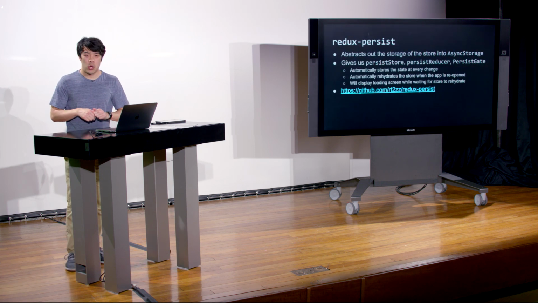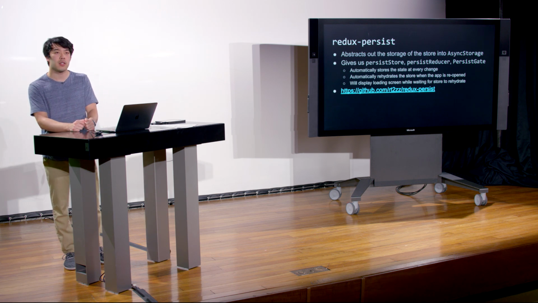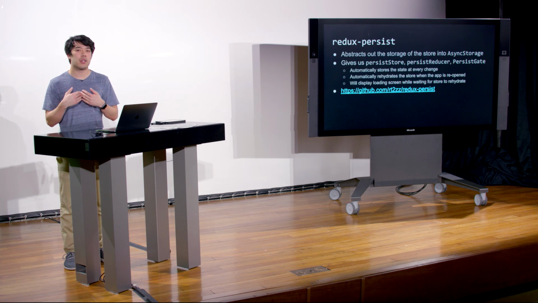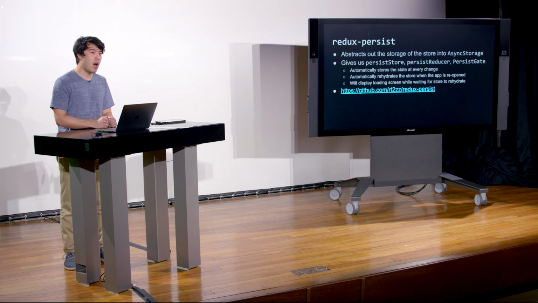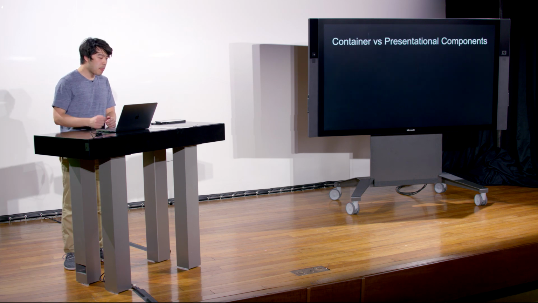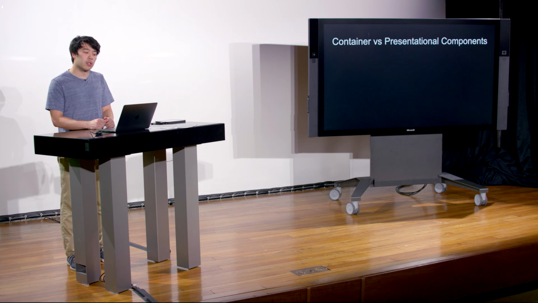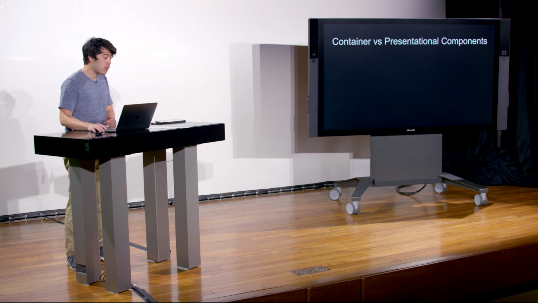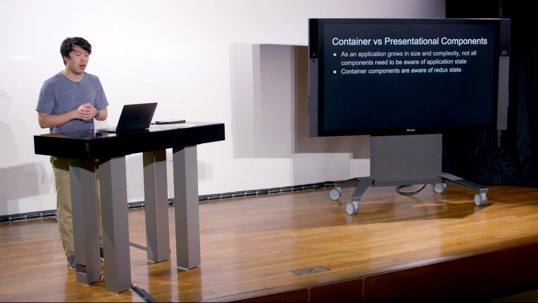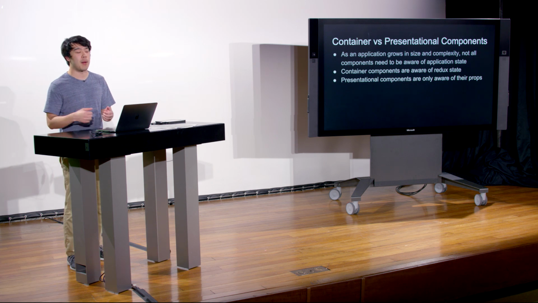So now we have a few components that are listening to our application state via this connect. And we also have a bunch of components that are just receiving props and displaying them. And so how can we go ahead and determine when to use which? The actual terms behind these components are container and presentational, where containers are aware of the Redux state, whereas the presentational components are only aware of the props that are passed.